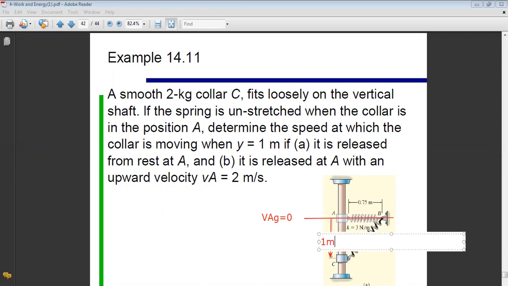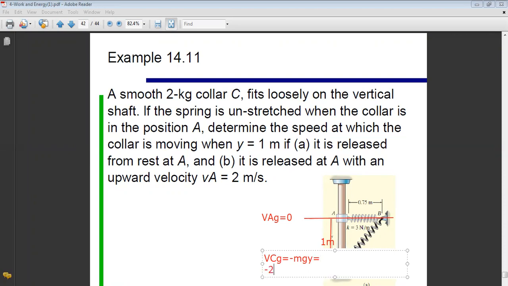Since it's below the datum, it has a negative gravitational potential. So the gravitational potential at C is equal to minus mgy, which is minus, so the mass is 2, g is 10, and y is 1. So it's minus 20.